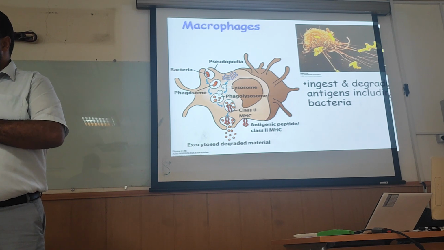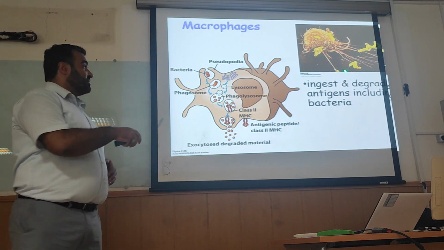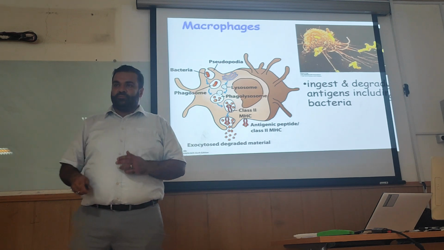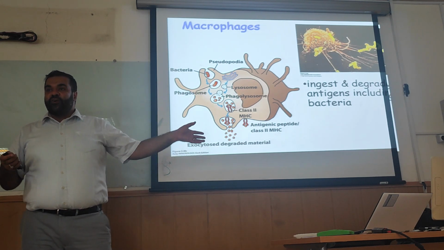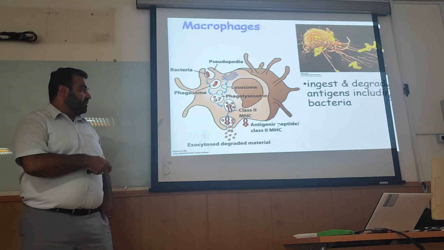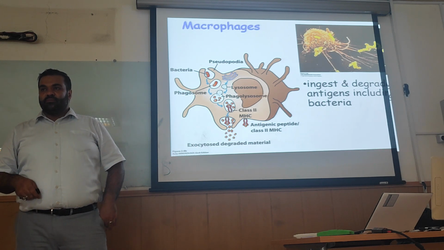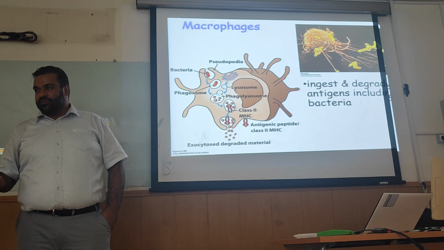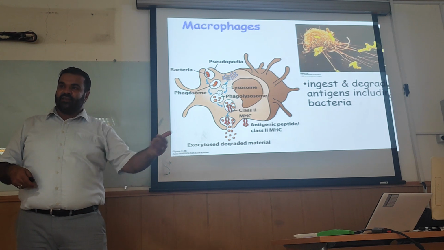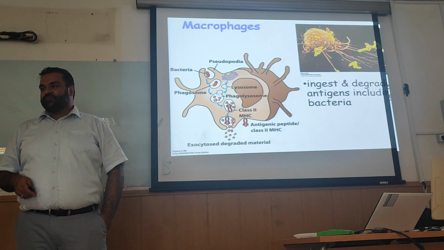Why? So we can reach it, grab it, bring it inside, engulf it, digest it, present it to other cells, and say, there's a foreign molecule hanging around here, looking like this. T helper cells, which one of you can recognize it? And then it initiates the whole immunity process.